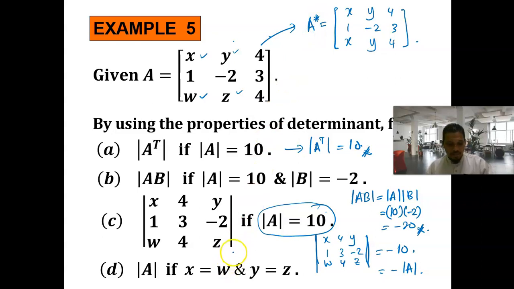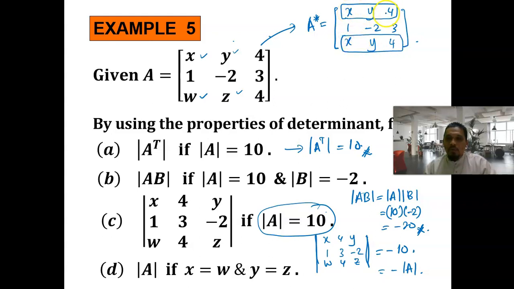To find the determinant of the new matrix A star, please refer to the notes again: if the corresponding elements are equal in any two rows or columns. Look at this one: row 1 is x y 4 and row 3 is x y 4.